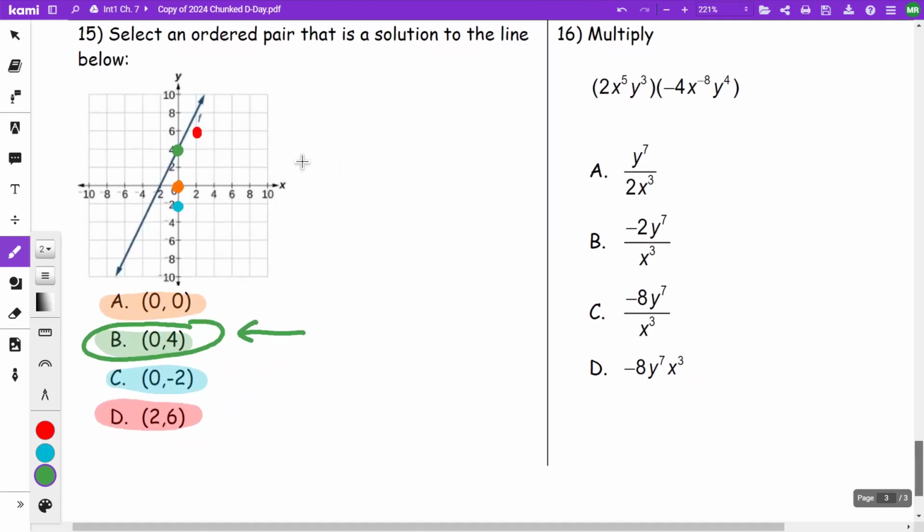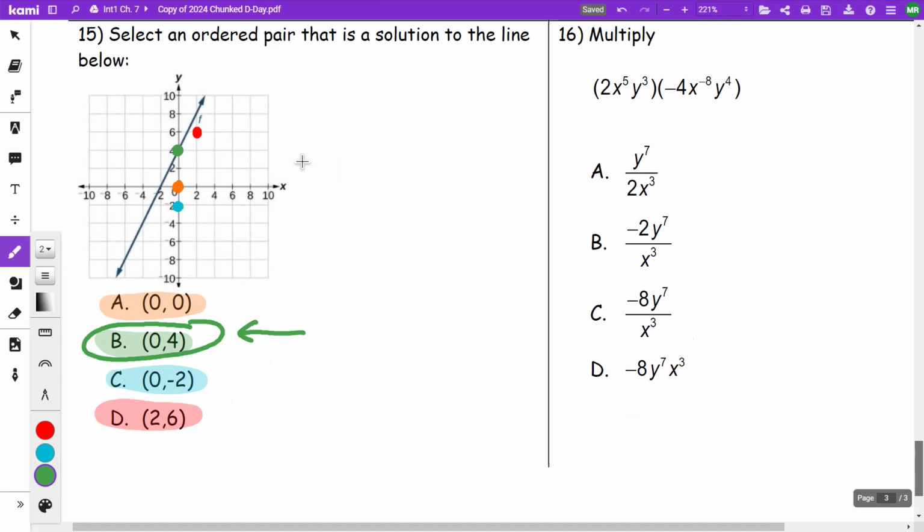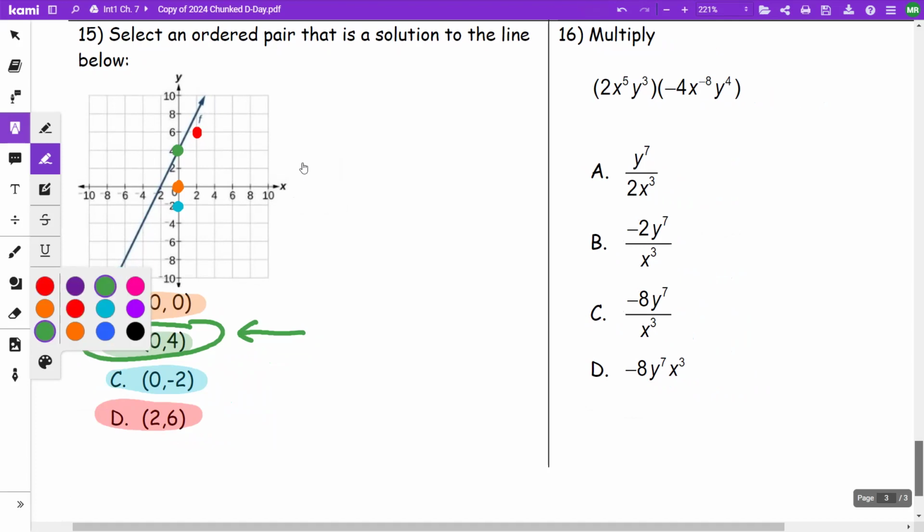Okay, laws of exponents. When we are doing these problems, we want to remember that I am going to be multiplying the coefficients with each other. I'm going to be looking at the x's with the x's and the y's with the y's.